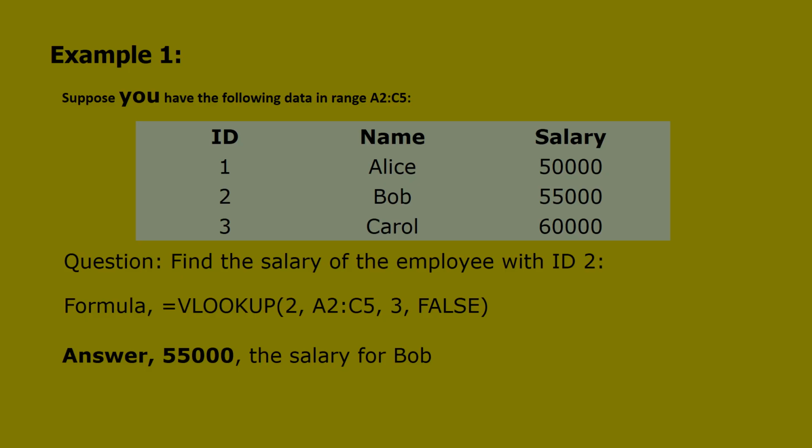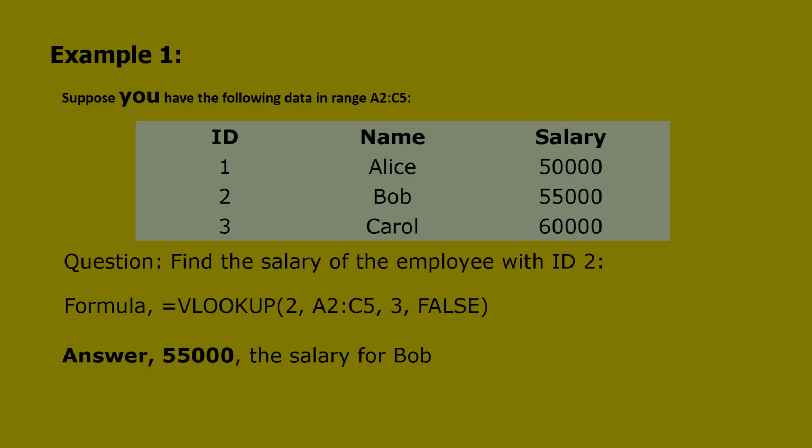Then we have to use this formula. VLOOKUP, the lookup value is 2, employee ID number 2. The data range is A2 to C5 and the column index number is 3.